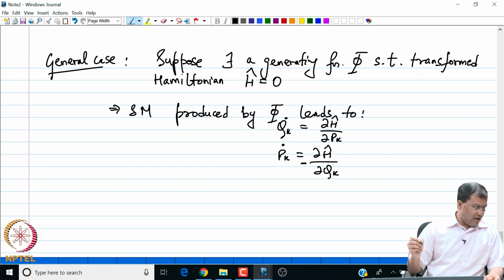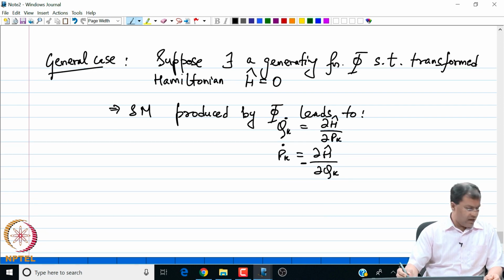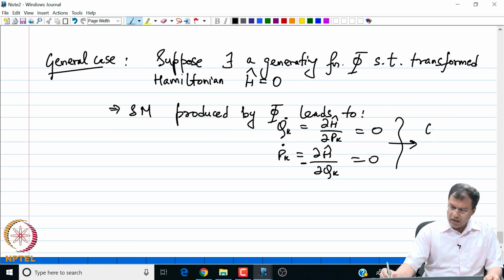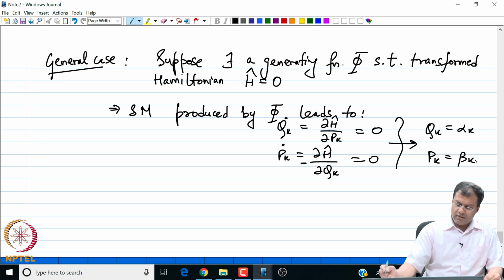This is the regular set of Hamilton's equations. Notice that since H hat in this new frame is 0, the derivatives will also be 0. From here I see that my Qk will be a set of constants and my Pk's are another set of constants.